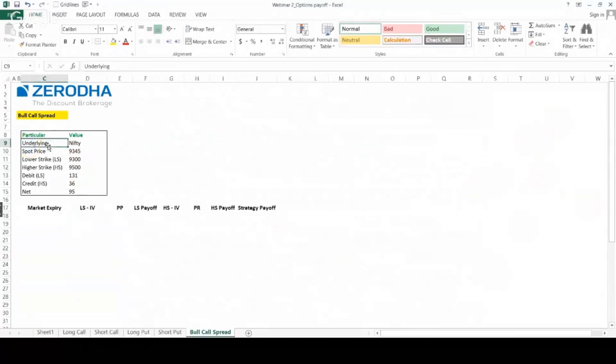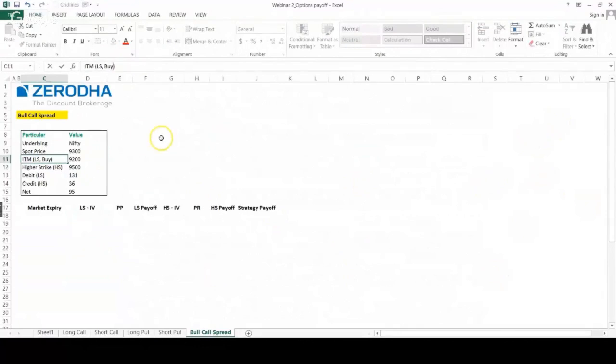So underlying here is Nifty. Spot price is 9,300, right? So I will call this ITM, in the money option, which is the lower strike. Okay, so this could be 9,200. Okay, this is the lower strike, which I am buying.